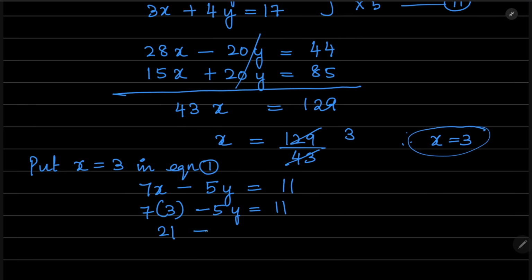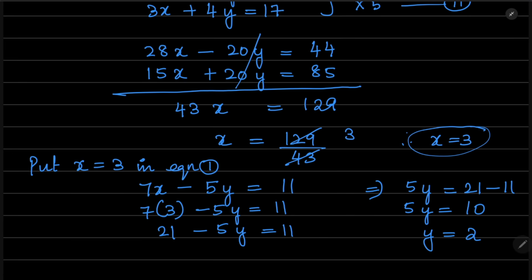So 7 3s are 21 minus 5y equal to 11. So what is 5y? I'm going to write it here. 5y is equal to 21 minus 11. So 5y equal to 10 and y is equal to 10 by 5, which is 2.